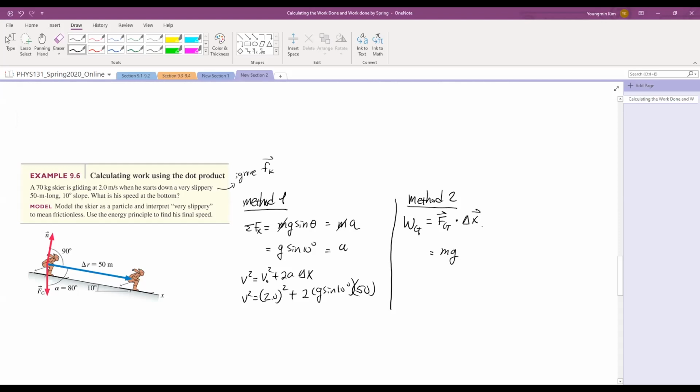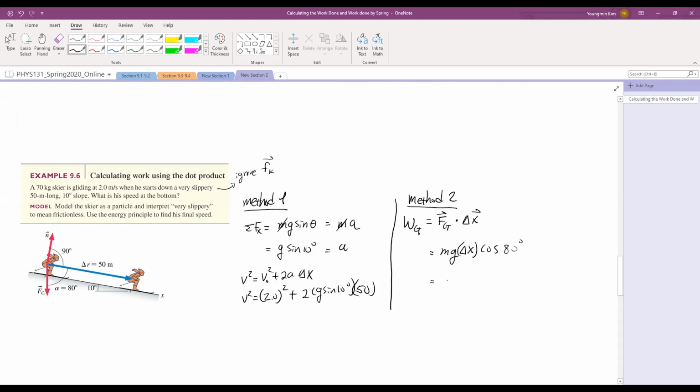And the displacement, of course, is delta x. Then we have to use the angle between these two vectors. This is the force of gravity arrow, this is the displacement arrow, so the angle between them is 80 degrees.